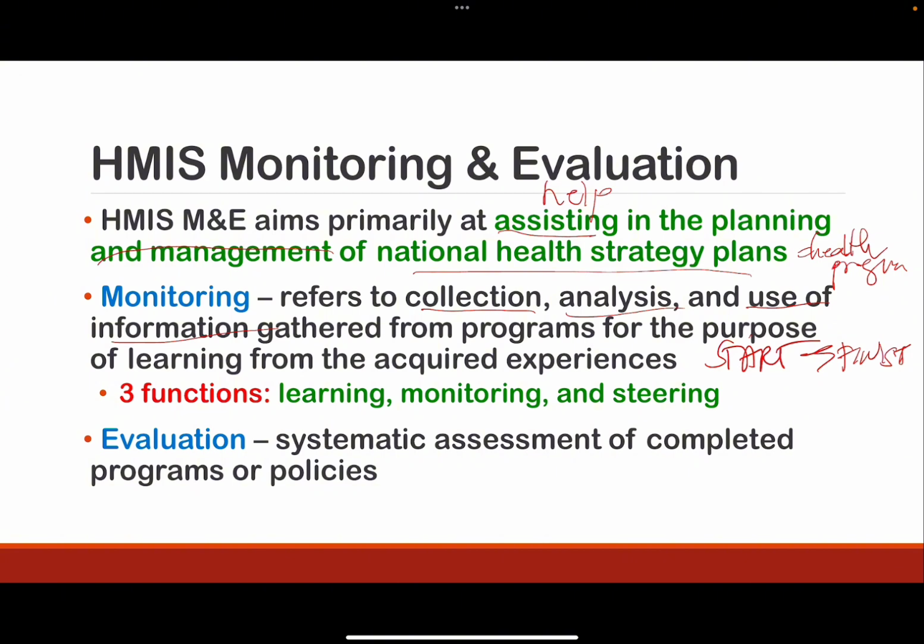What purpose? For the purpose of learning from your acquired experiences. Okay? So, these purposes correspond to 3 functions. We have the learning function, monitoring function, and steering function.